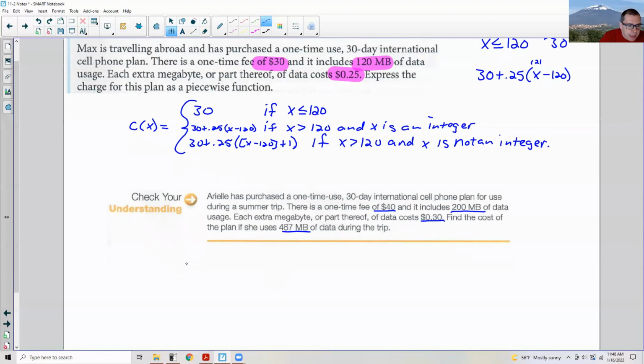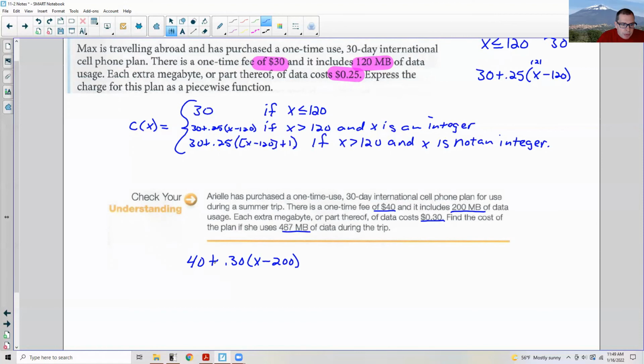So we're going to take the 30. Oh, I'm sorry, it's 40 in this one. We're going to take the $40 plus, and it's an extra 30 cents. So this is going to be 0.30 times X minus 200, anything over 200 megs.